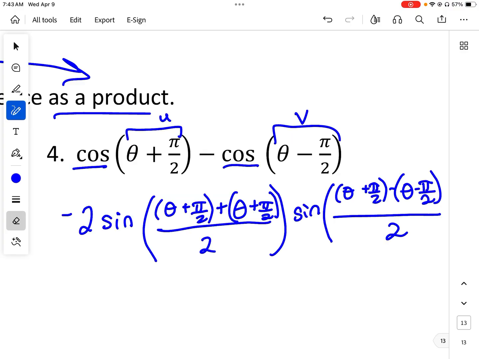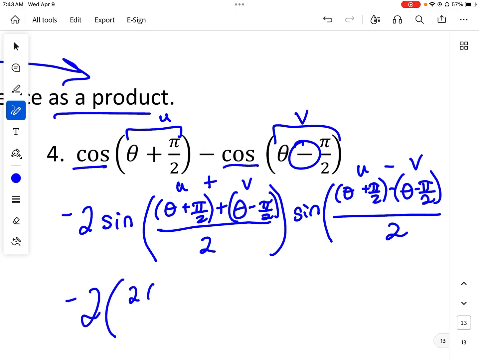Okay, I see a mistake. On my v, I have a minus. So you've got to pay attention to that. So this would be u, this would be v. This would be u, this would be v.